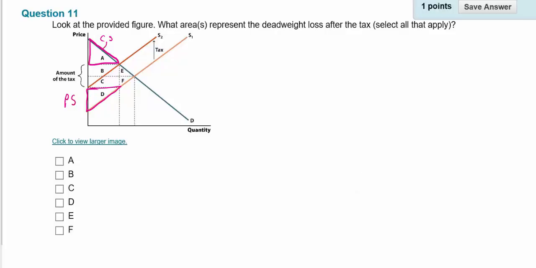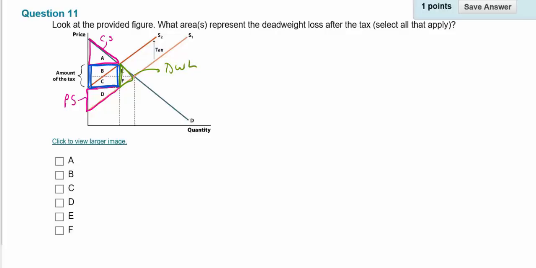So let me just note those. Then, let me change color on this. We have this area here that is the tax revenue. And then what we have left is this little triangle. This triangle here is our deadweight loss.